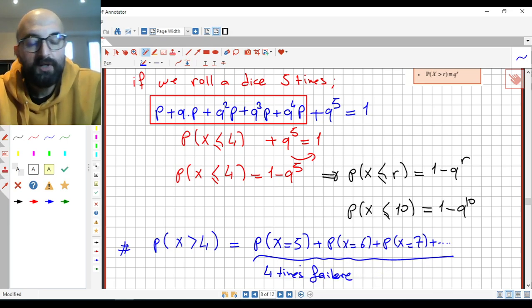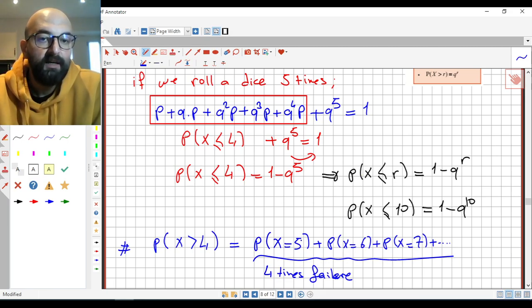So for example, we have some trials, and these trials go on to infinity, and we want to get success in the 5th trial or later.